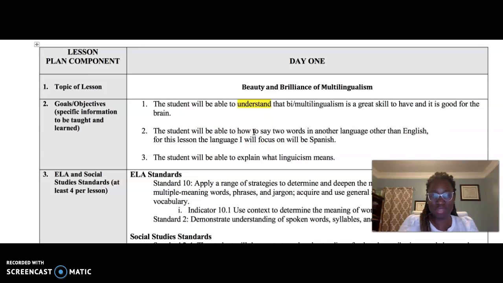The student will be able to identify how to say two words in another language other than English for this lesson. That language is Spanish. And then the student will be able to explain what multilingualism means. So these are the Bloom's taxonomy verbs that you should also be studying in your assessment class: understand, identify, and explain.